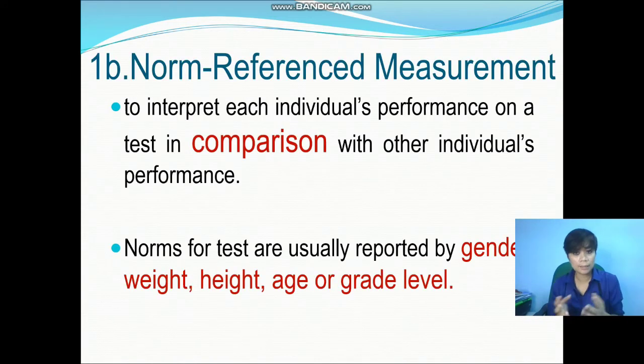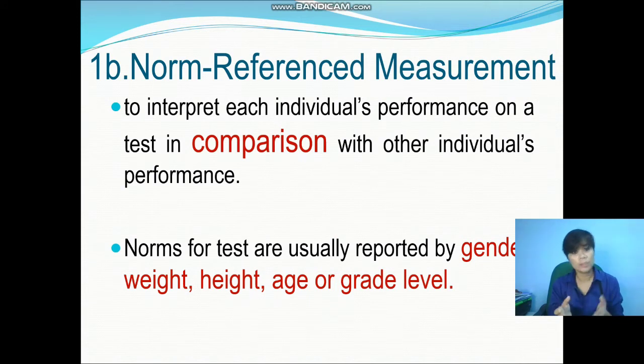The second type is the norm reference measurement. It is to interpret each individual's performance on a test in comparison with other individuals' performance. The norms for the test are usually reported by gender. We compare by gender, male and female, height and weight, age or grade level.